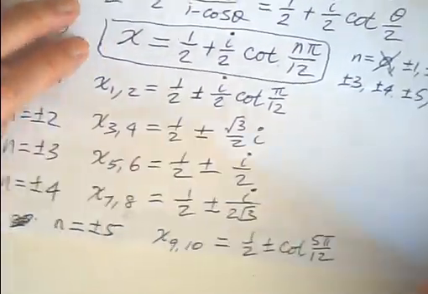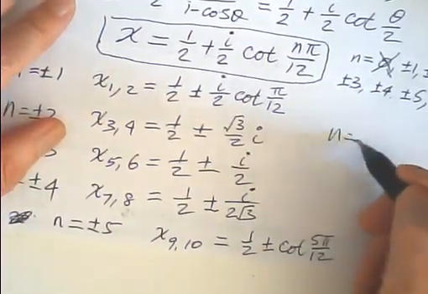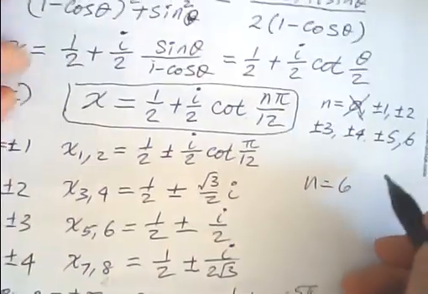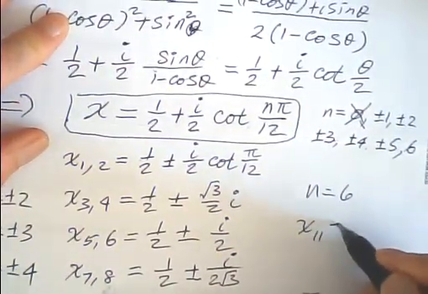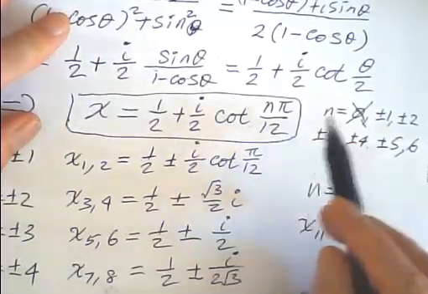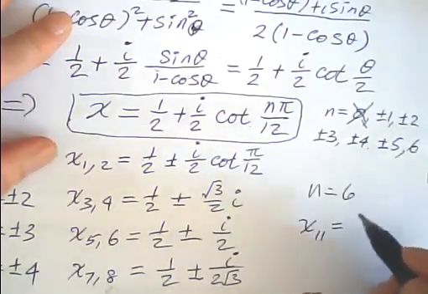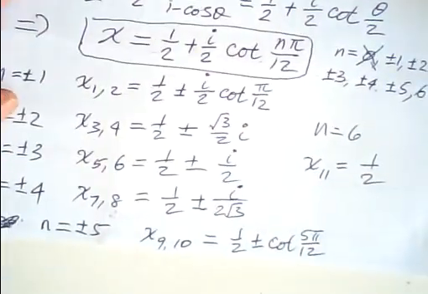See? Finally, n equal to 6. N equal to 6, then x, the last one, x11, it's half pi, right? Half pi cotangent equal to 0, so they equal to 1/2. Yeah, we have 11 roots.